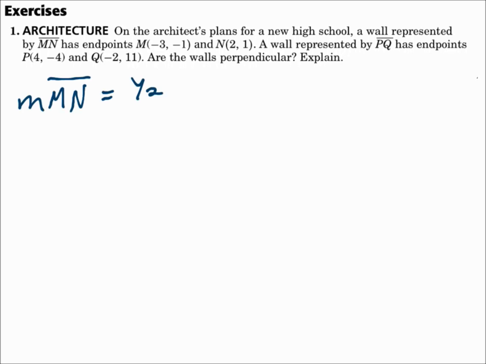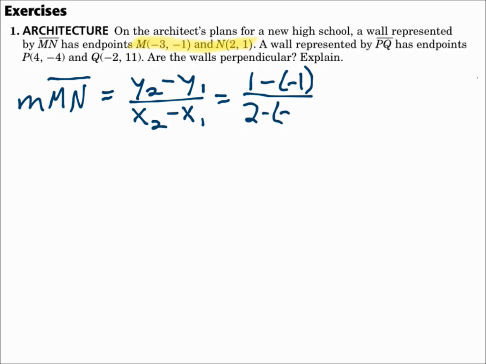For line MN, y2 minus y1 over x2 minus x1, using points M and N, y2 is 1 minus y1 is -1 over x2 is 2 minus x1 is -3. That gives you 2/5.